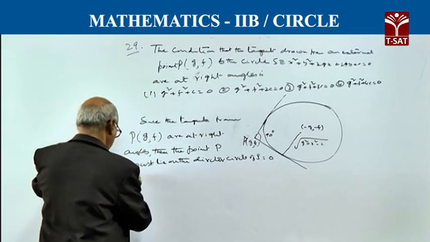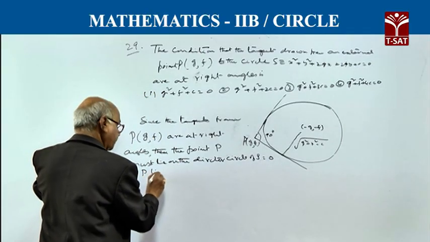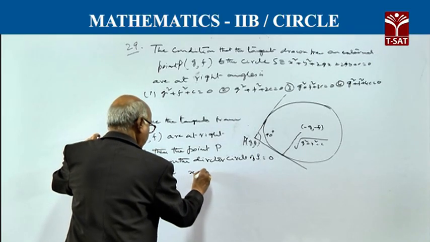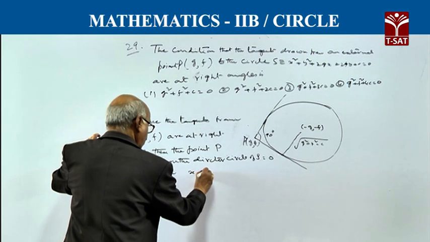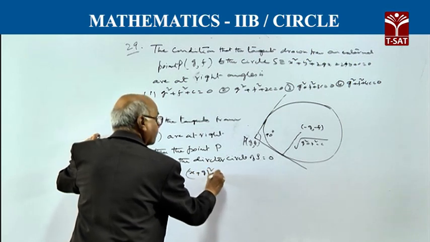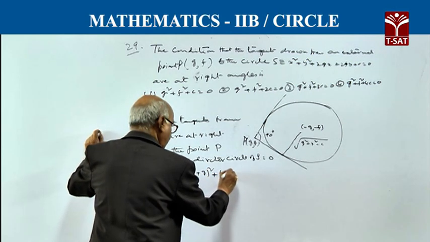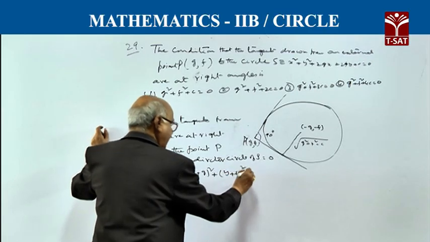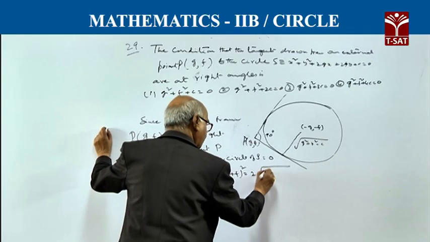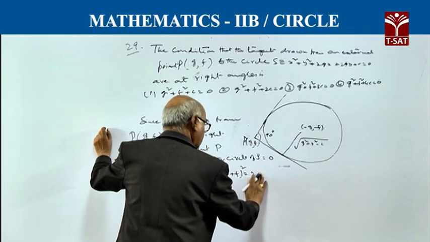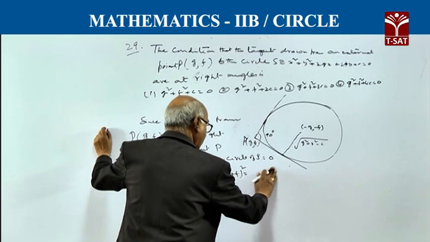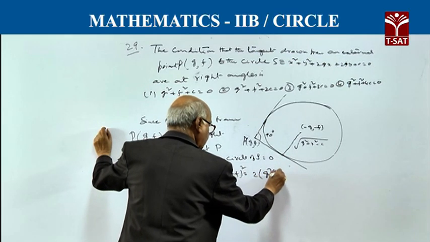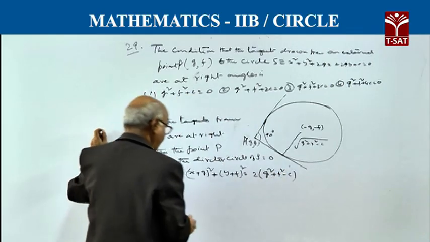So therefore, P lies on (x minus g) whole square plus (y plus f) whole square is equal to root 2 times, so twice into g square plus f square minus c.